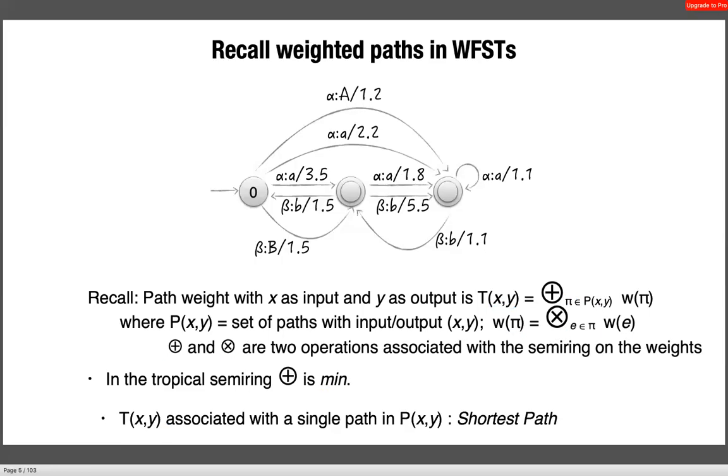So T of XY in the tropical semi-ring would be associated with the single path in the set of all successful paths corresponding to XY. And so this would reduce to the shortest path problem, finding the minimum weight path corresponding to the tuple XY. So this is a quick recap.